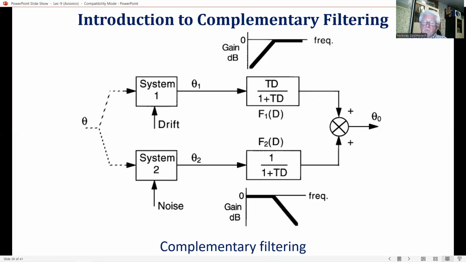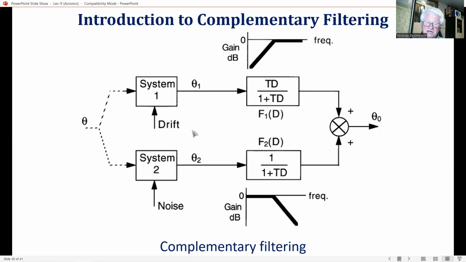The build-up to the more powerful second-order, third-order, or even fourth-order and above systems with variable mixing gains can then be appreciated. In this simple example, the outputs from the two independent systems measuring a quantity theta are designated theta 1 and theta 2 respectively.